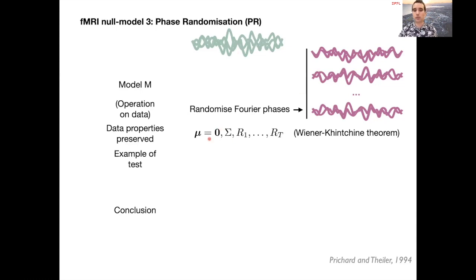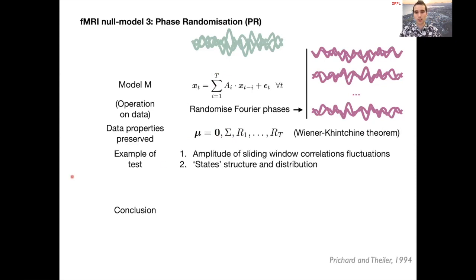So instead of just preserving the mean, sigma, and R1, you preserve the complete autocorrelation structure, meaning the link between different time points, but at a horizon that is longer than just one time point. The corresponding null model is the following: as I said, different time points are connected, but with a horizon that is longer than one, up to T, the length of the time course.